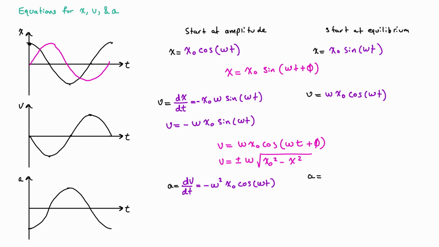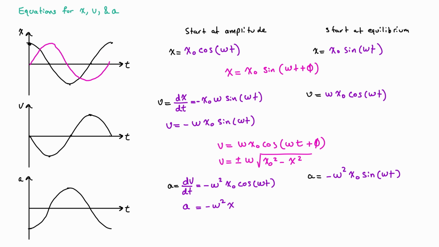So I can rewrite this as acceleration is equal to negative omega squared times x. If I do this with the other equation, I will get the exact same thing actually. So I will get negative omega squared x naught sine omega t.